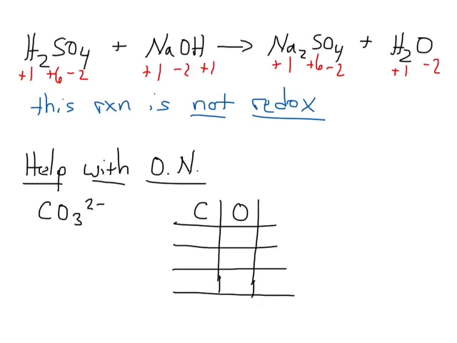The first row is the number of atoms. How many atoms do you have of each? Middle row is going to be the oxidation number. And the last one is going to be total.